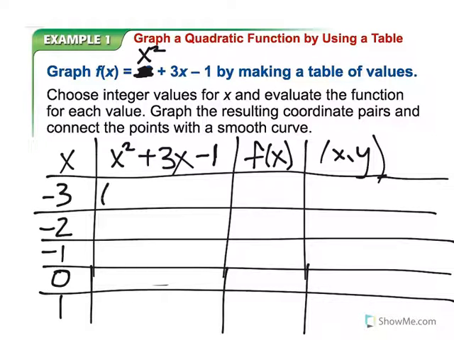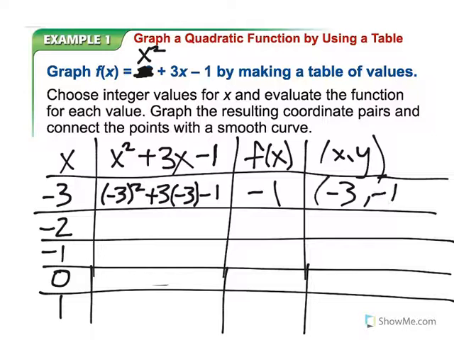So here we're going to use parentheses: negative 3 squared plus 3 times negative 3 minus 1. Now, when you actually put that in your calculator, you have to make sure you have parentheses. You get negative 1, so the point we're going to graph is negative 3, negative 1. And then we're going to do the same thing for negative 2.